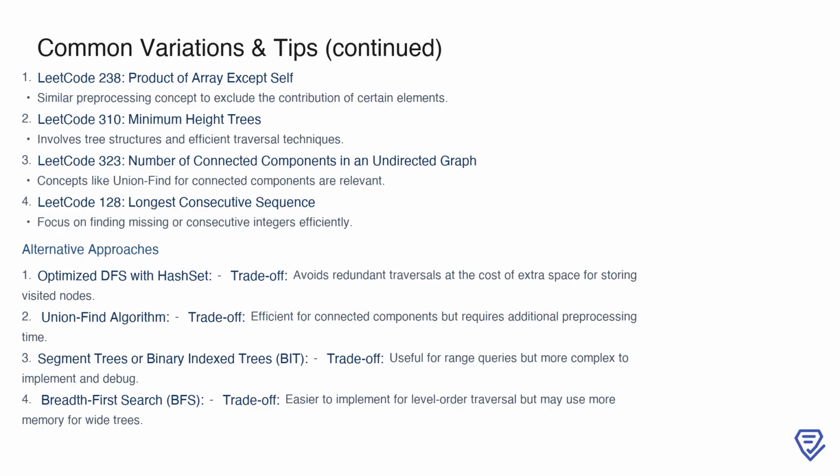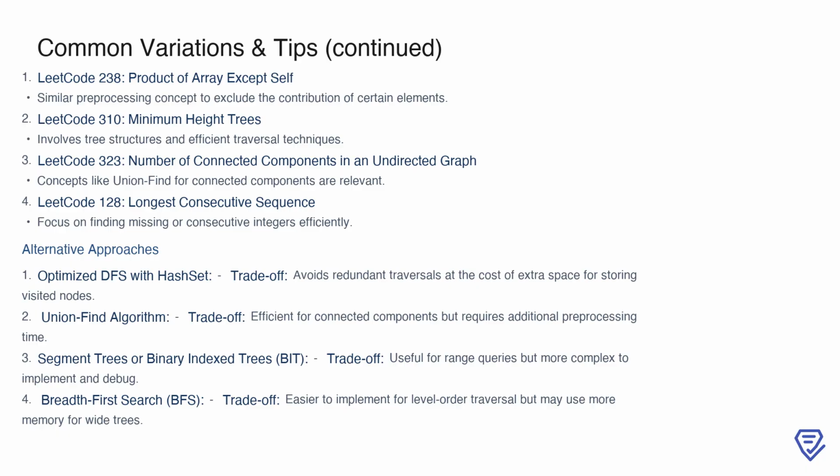Finally, LeetCode 128, longest consecutive sequence, emphasizes finding missing or consecutive integers efficiently, which directly parallels the goal of tracking genetic values. As for alternative approaches, optimized depth-first search with a hash set can avoid redundant traversals, though it requires extra space to store visited nodes. The union find algorithm is another powerful tool for managing connected components, though it adds pre-processing overhead.